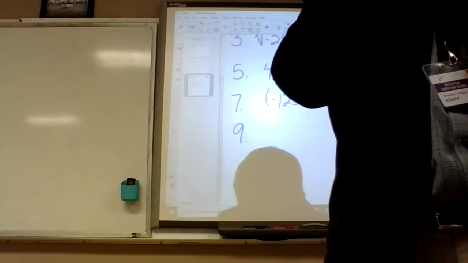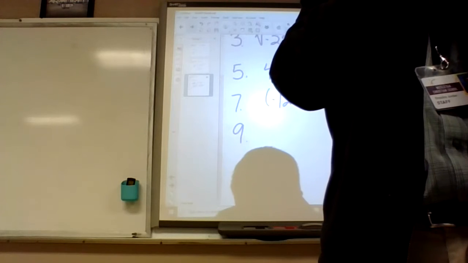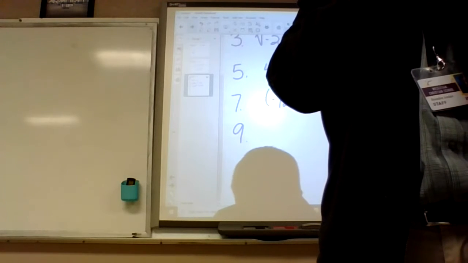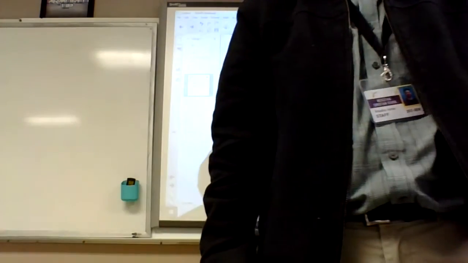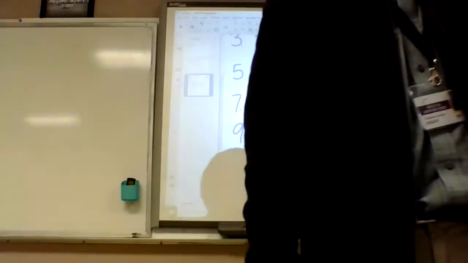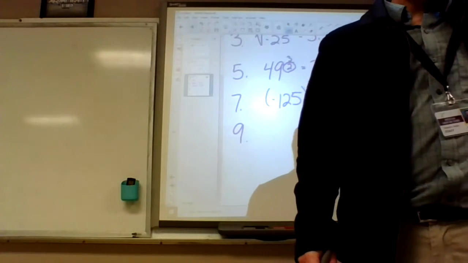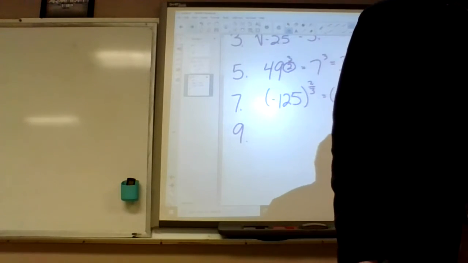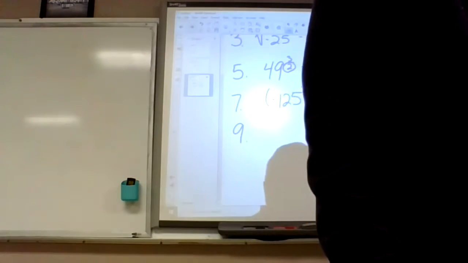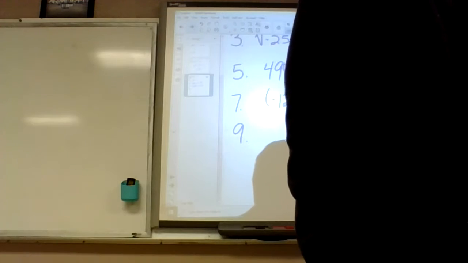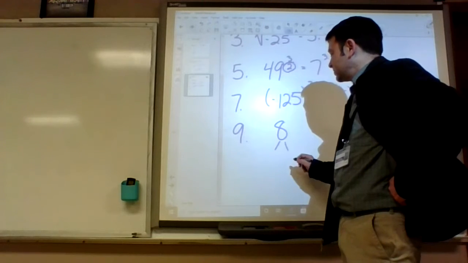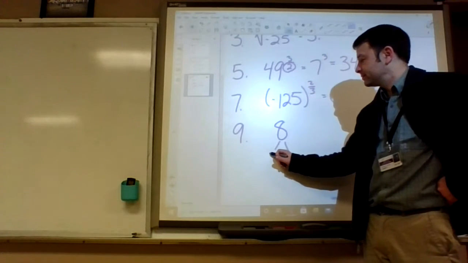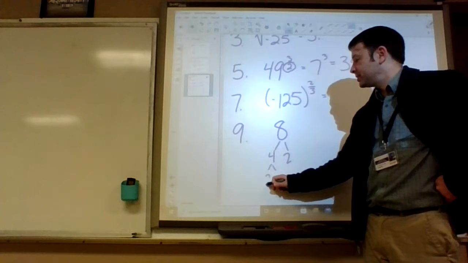Okay, number 9, we're switching: convert each radical to exponential form, like the rational exponents. Assume variables represent positive real numbers. That's so we don't have to do the absolute value thing. So, what they want us to do is break the 8 down. 8 is 2 times 2 times 2.